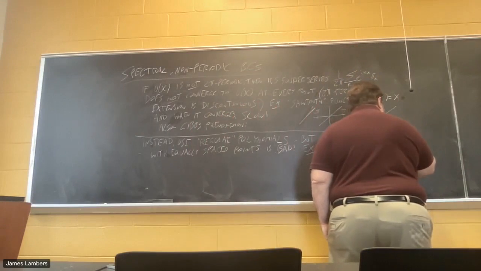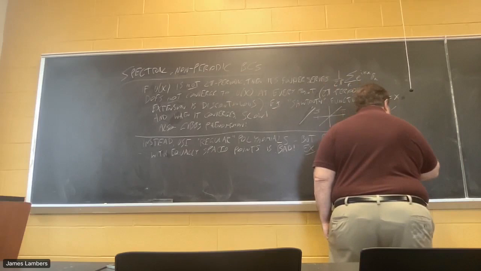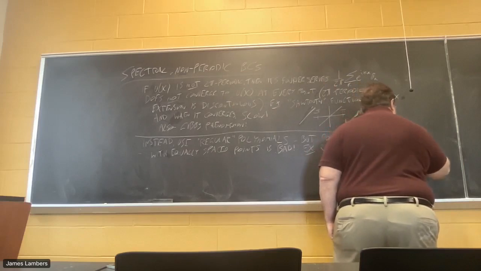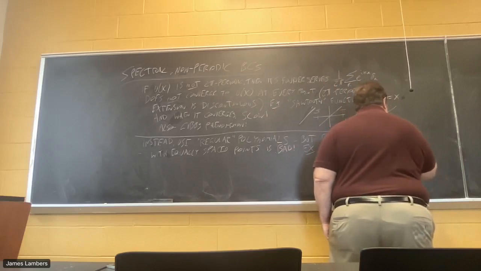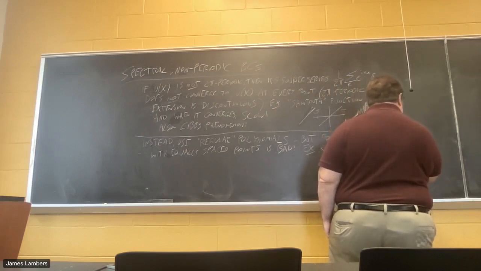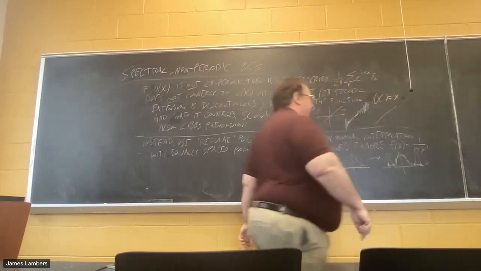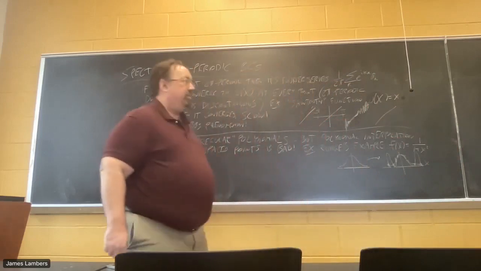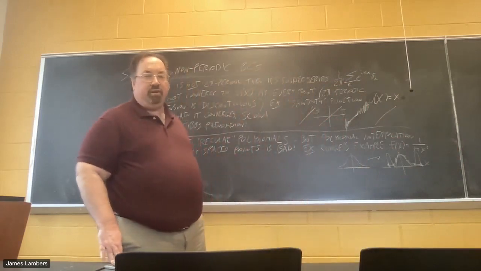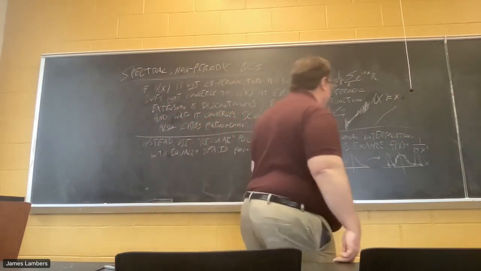Near x equals 0, it's okay. But as you get further away from x equals 0, the error gets very large. This graph is terribly unsymmetric. So as you get closer and closer to the boundaries of your interval, the polynomial interpolant has extremely large error.